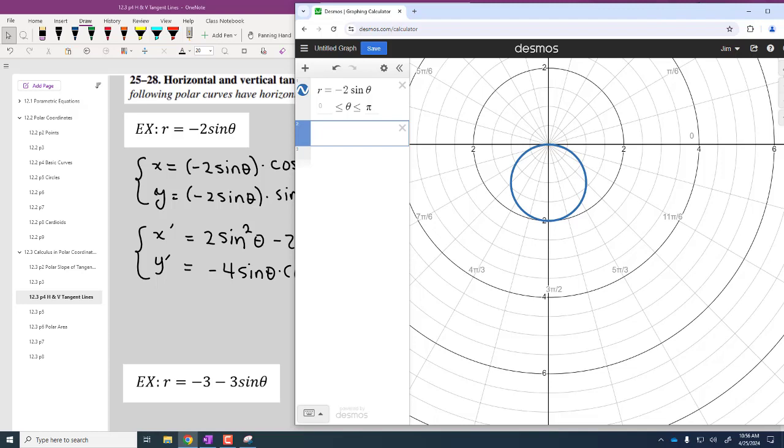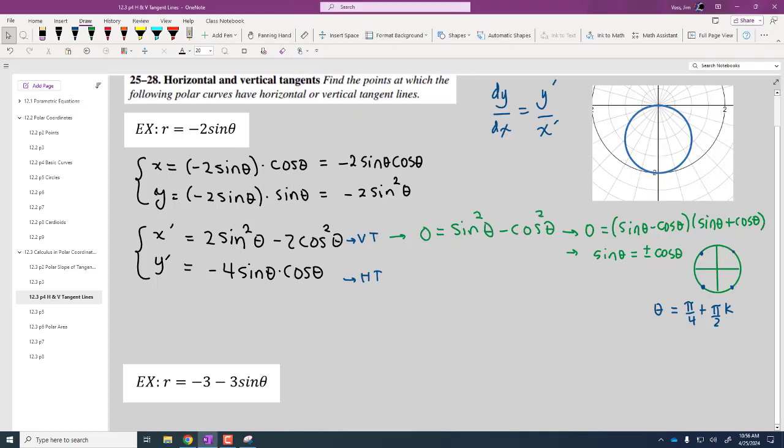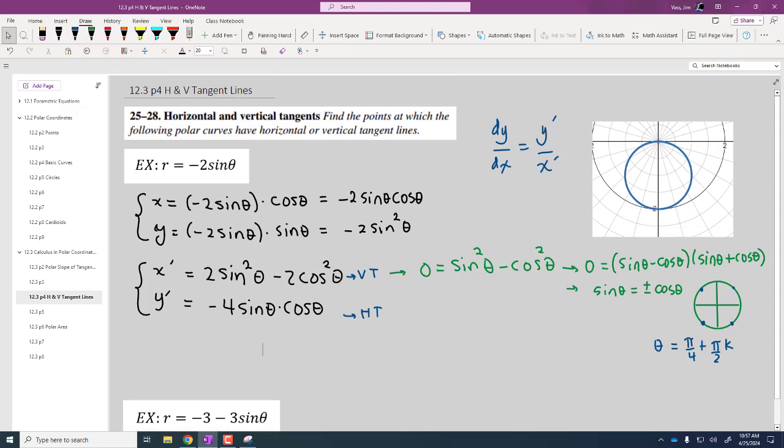Yep. So the period for this curve, the way we get exactly one loop, is 0 to pi, not 0 to 2 pi. So that tells us that we only want the theta values that are between 0 and pi. So 0 to pi completes the circle. So theta is going to be an element of the interval 0 to pi, excluding the pi. That'll do one loop of the circle.